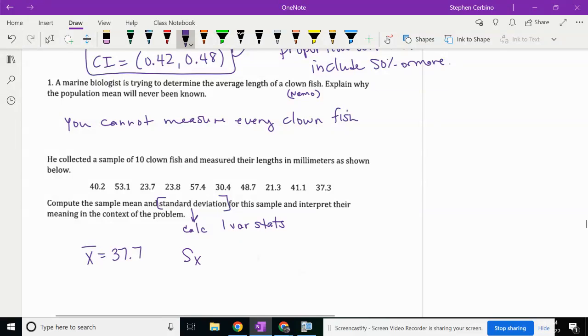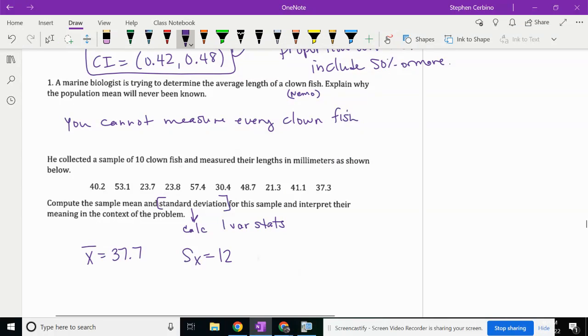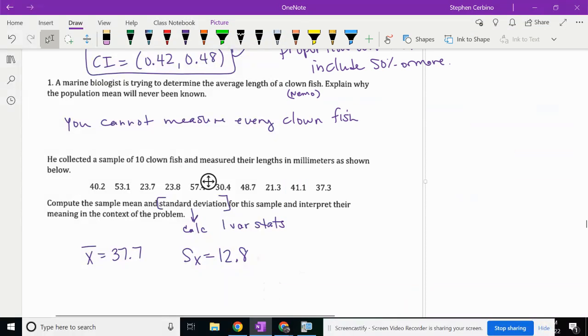Our sample standard deviation is called SX. Sample standard deviation is, we'll just round it to nearest tenth, 12.8. If you look on your calculator, it's like the fourth thing down there. The one right below it looks like this. This is the population standard deviation.